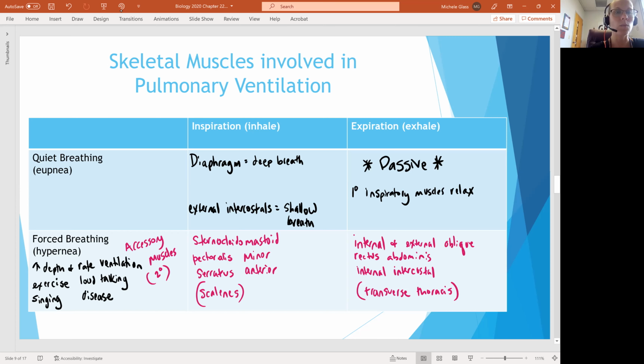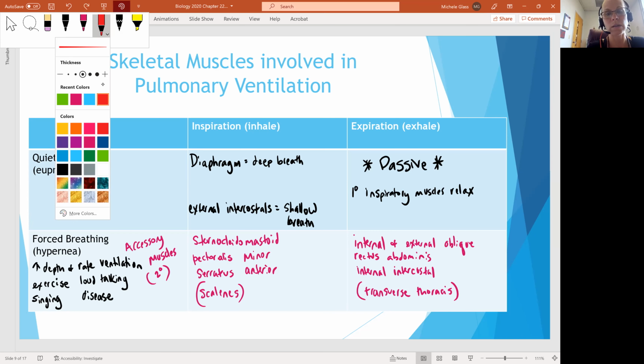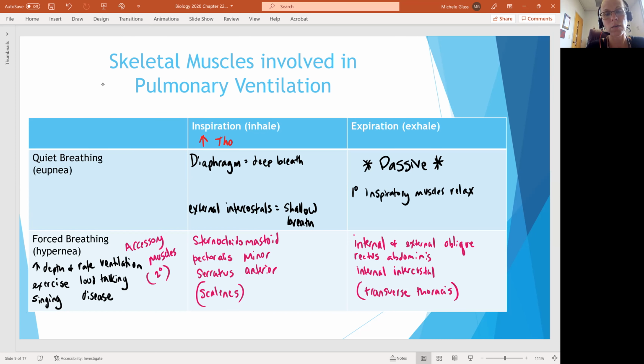So let's add one more piece of information. When we talk about our inhale, we're going to increase our thoracic cage.